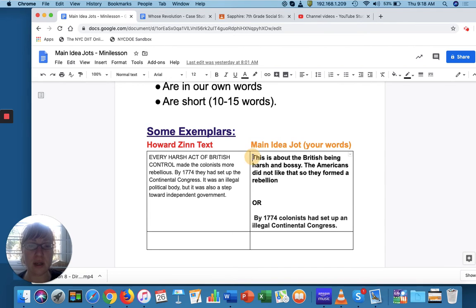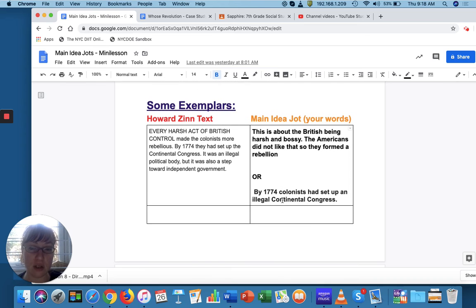One of your classmates rephrased that in his own words and said, this is about the British being harsh and bossy. The Americans did not like that, so they formed a rebellion. That's a good way to capture what seems important about this chunk of text in your own words. You could make it even shorter, potentially.